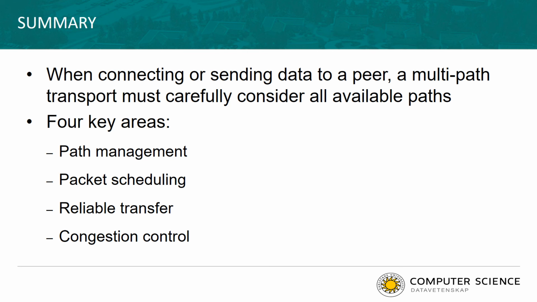And we also have to ensure that we have a proper congestion control for our multipath transport. And here we have to make sure that we also don't take up an unfair share of the resources by communicating over multiple paths. And in our coming lectures, we will look in more detail on each of these core mechanisms.